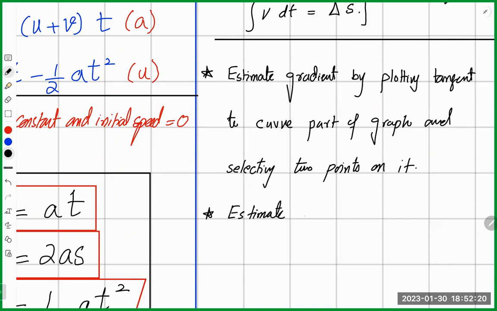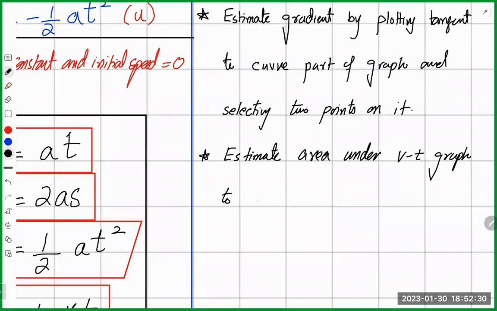Estimate area under the speed-time graph to calculate distance traveled.